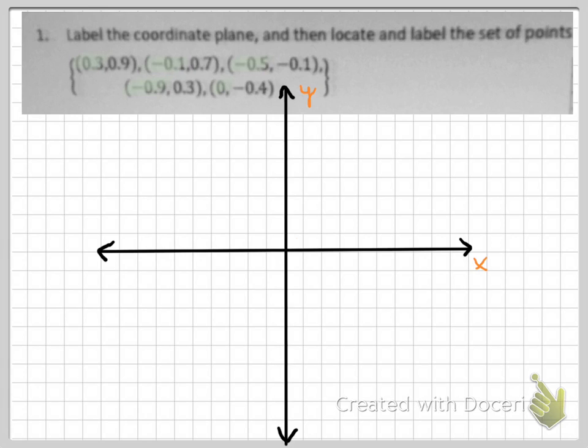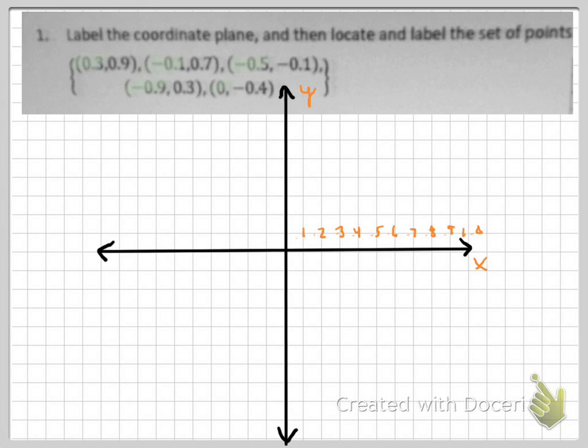So I'm going to try to put these in here so you can see them. 0.1, 0.2, 0.3 is here, 0.4, 0.5, 0.6. Keep going all the way up until I get to 1.0 all the way out here.